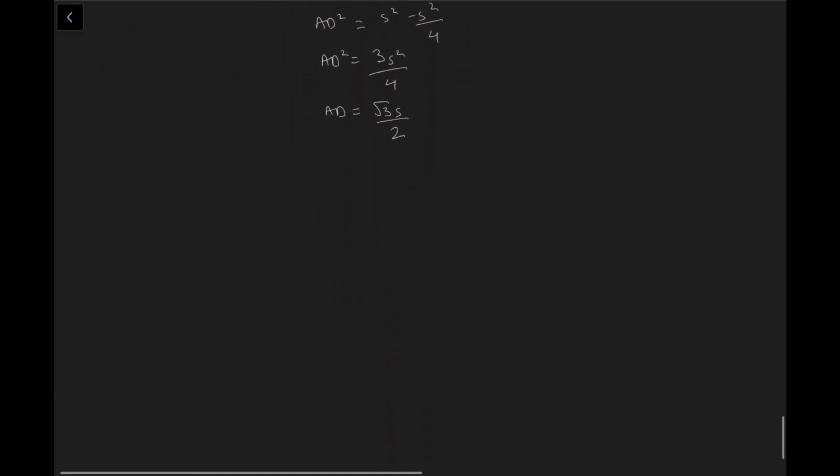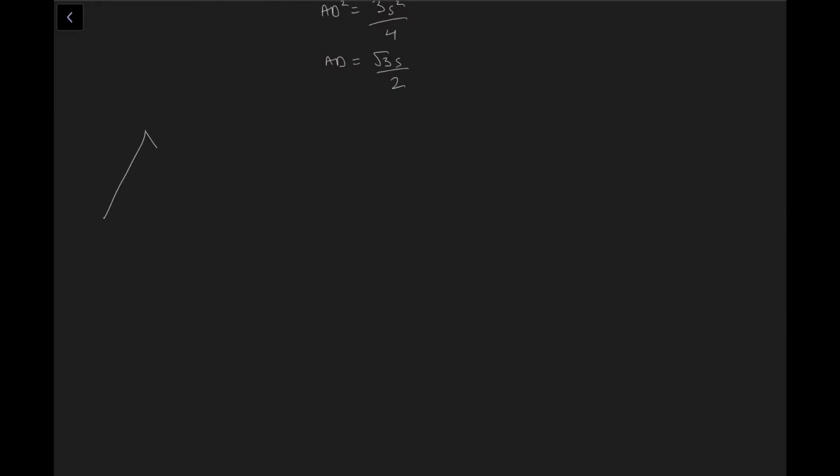Now I'm going to bring the trigonometric ratios into the picture. Let me draw that triangle again. Okay, so this is 60 and this is 30. Now we know that this is S by 2, this is S, this is root 3S by 2.